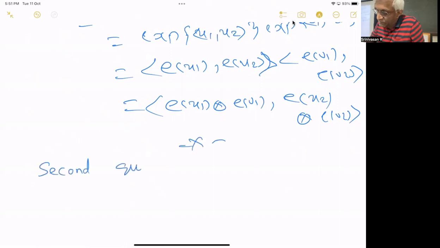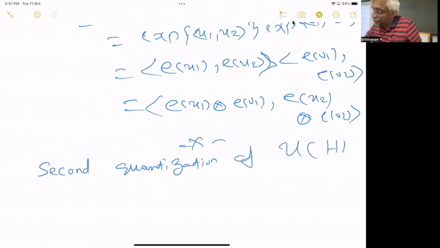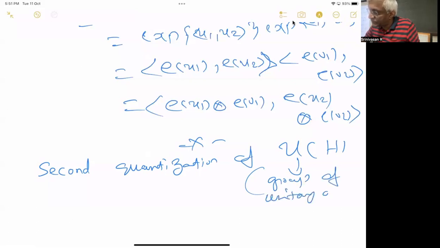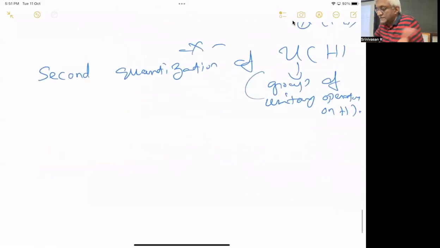Second quantization of the unitary group of H. U of H is the group of unitary operators on H. This is a group, of course. It has inverses, and you can multiply unitary operators. Well, it's just a fancy way, but the definition is very easy.